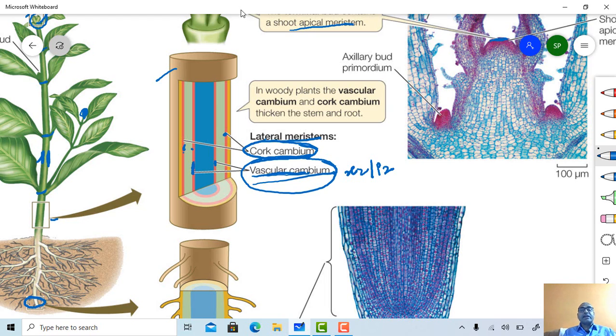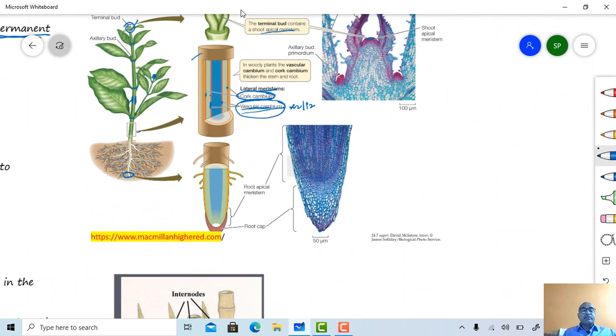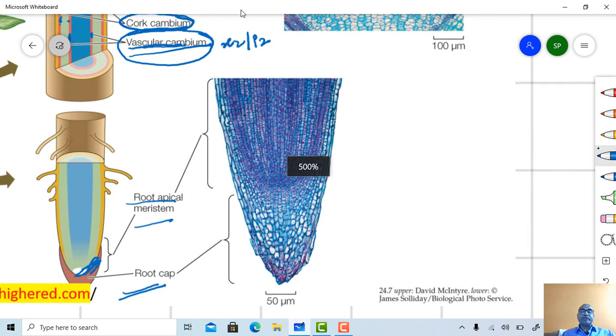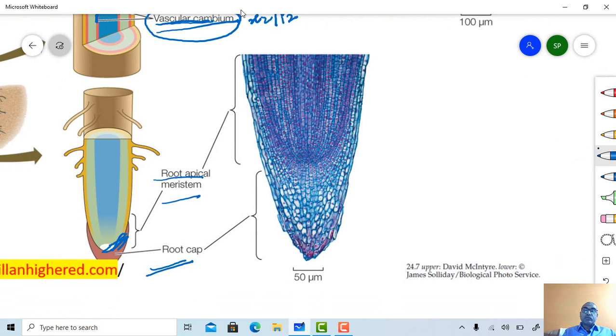So this is a lateral meristem, and again apical meristem will be present here, the shoot apex, root apex. So this one is a root cap, and this is the thick region which consists of the root apical meristem. So this one will be the root cap, the tip region of the root, and below the root cap a thick region which is present in the root.